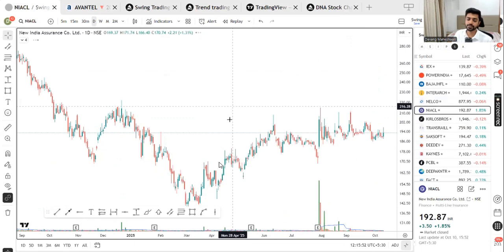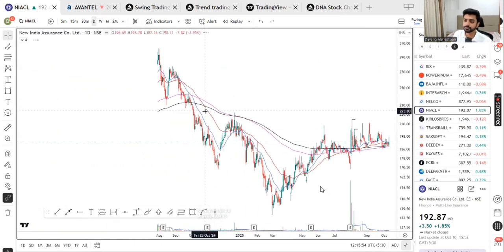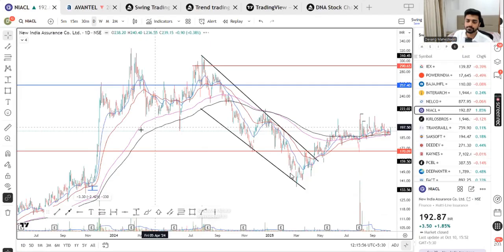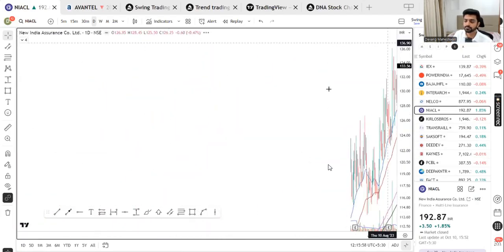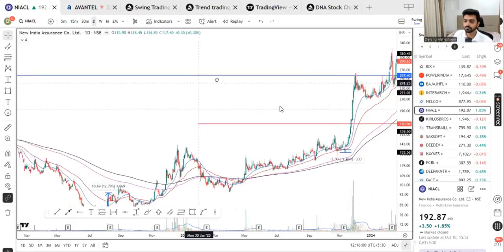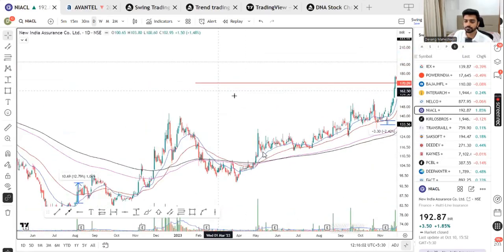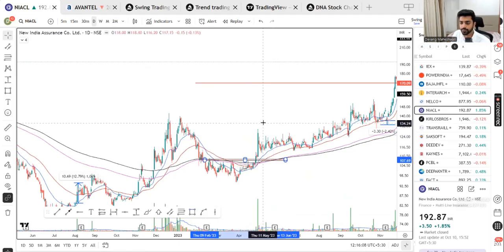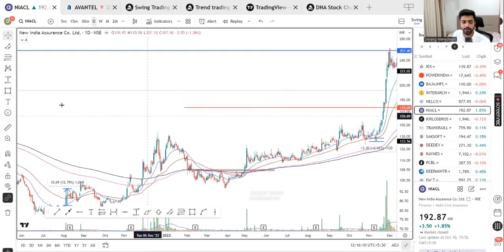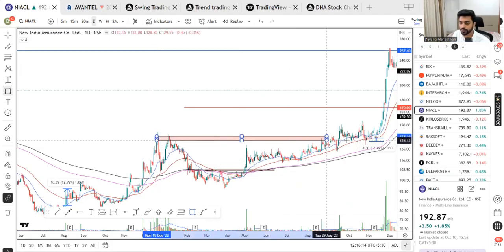Let's see NIACL. Here you had this one up down. It broke out, moved up here, again went sideways. So eventually it made a complete upright base itself.